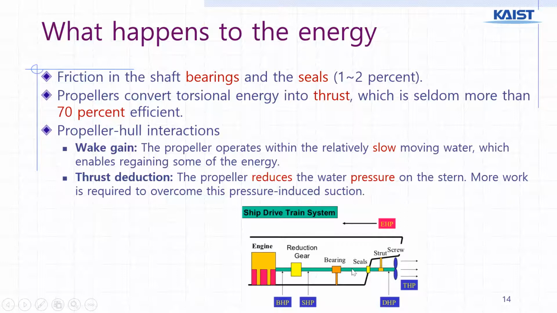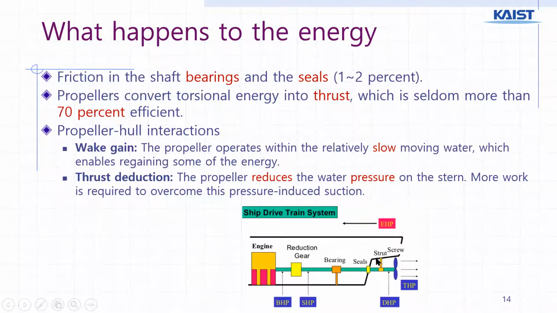Because of the wake behind the hull, the average speed of the water is slower. So we call it slow moving water, which gives you some advantage, regaining. We call this wake gain. And thrust reduction: the propeller reduces the water pressure on the stern.